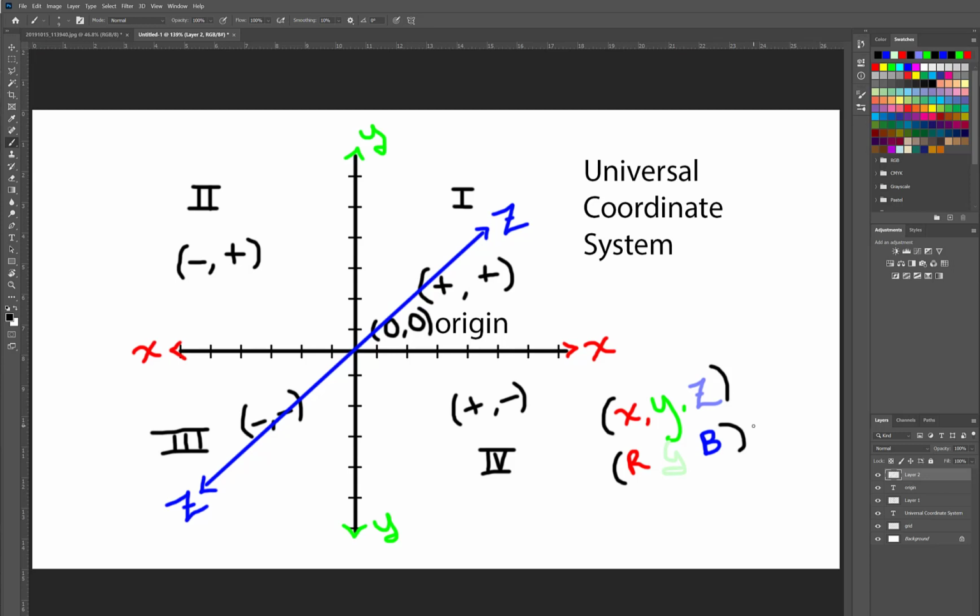Those 3 boxes will always refer to either XYZ or red, green, blue, because those 2 concepts for digital imaging are completely interchangeable. X is red, Y is green, Z is blue. They basically mean the same thing. They are both 3D coordinate systems.